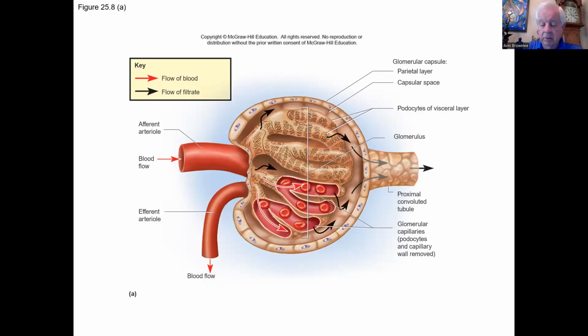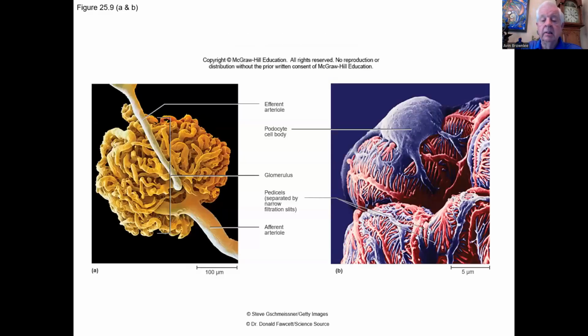Okay, so let me show you the same thing on this page. Here is an enhanced view of a podocyte, the feet coming off, and then the little toe-like structures. Everything that you see on this picture in blue is part of the visceral layer. Everything you see in red is a capillary.